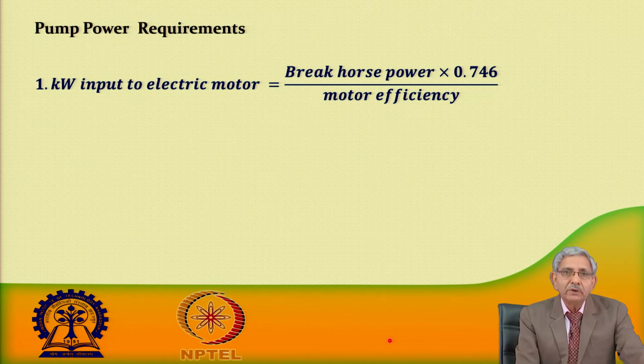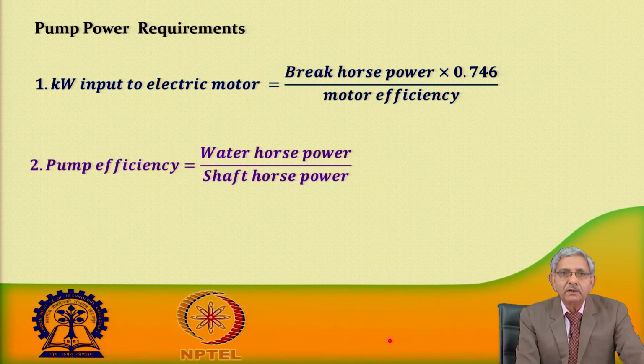When converting to kilowatt input to the electric motor, it is brake horsepower multiplied by 0.746 divided by motor efficiency. So we will get the input electric motor power in kilowatt.